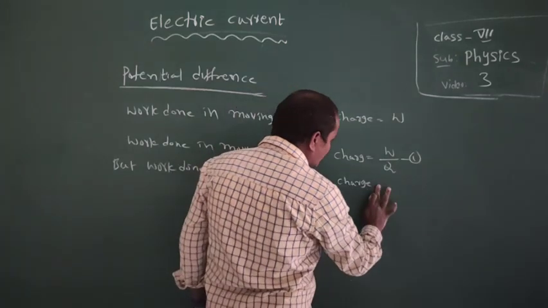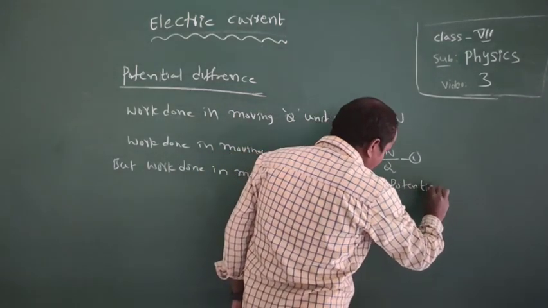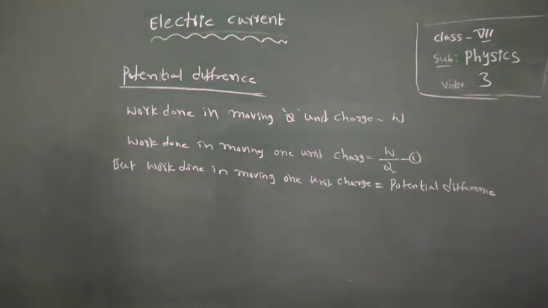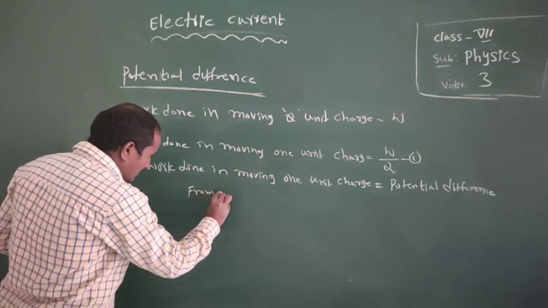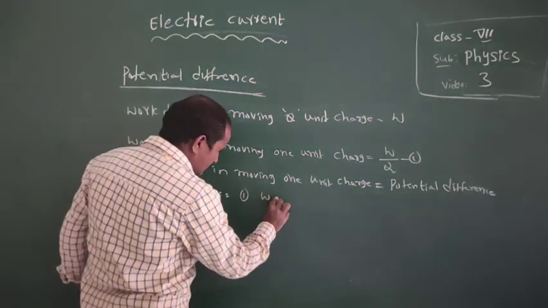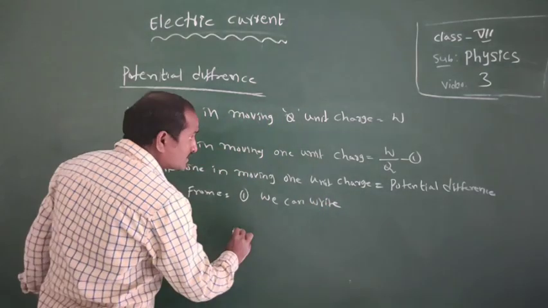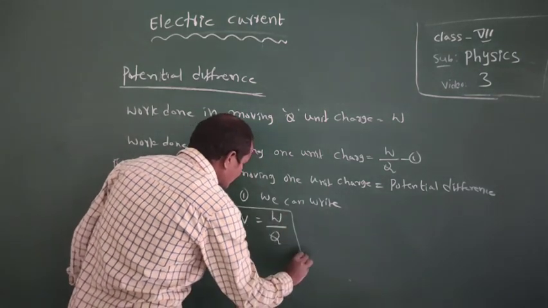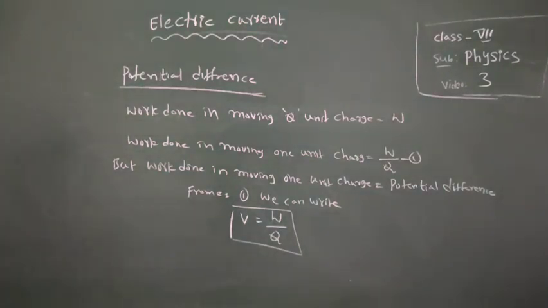It is equation number 1. That means from equation number 1 we can write V equal to work done by Q. It is the potential difference mathematical equation. So here V equal to W by Q.